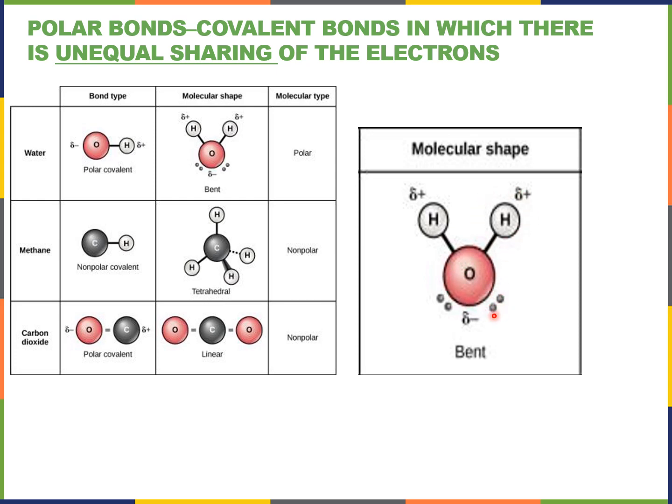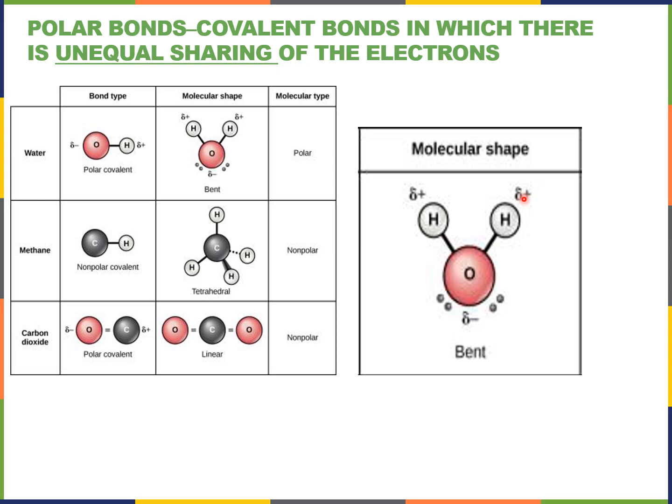Since it's not equal, it's not spending most of its time over here, more often than not, this oxygen has 1 or 2 electrons more than it does protons. Thus it is semi or negative-ish. That's what this delta negative means.